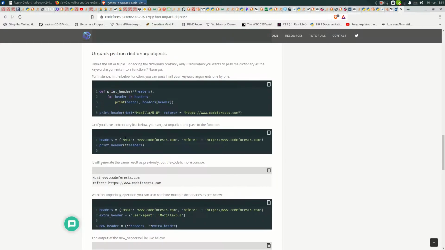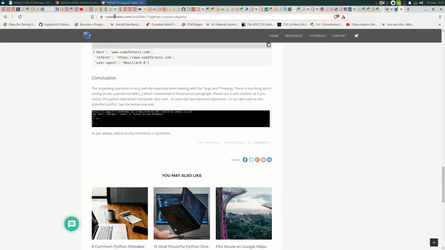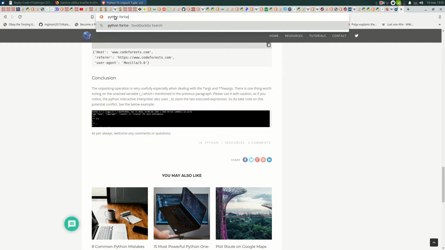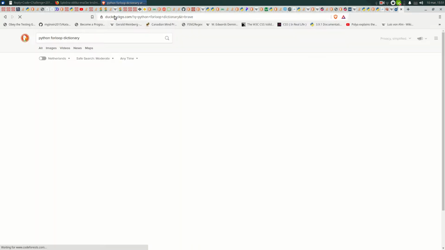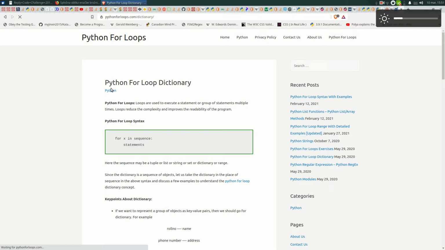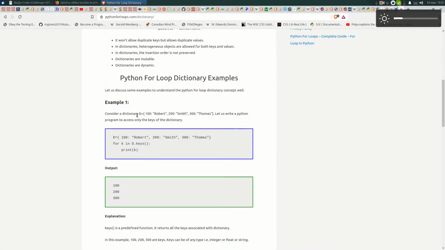For a loop with key and value in the dictionary. Python for loop over a dictionary. For x in, yeah, okay, but what about key value pairs?